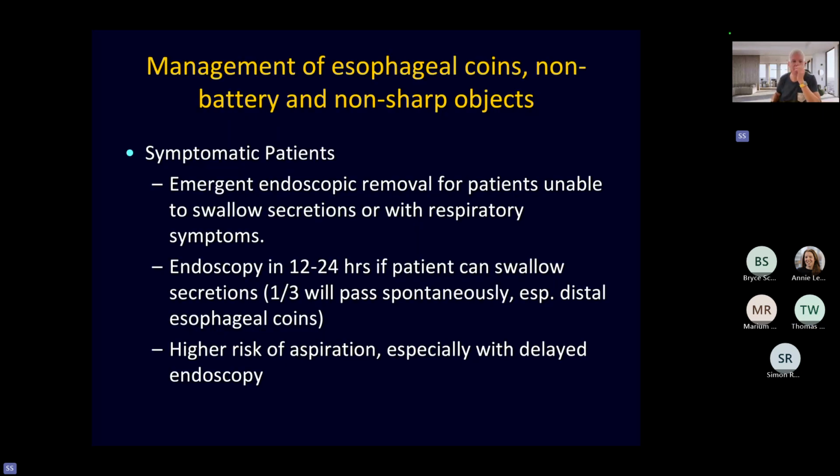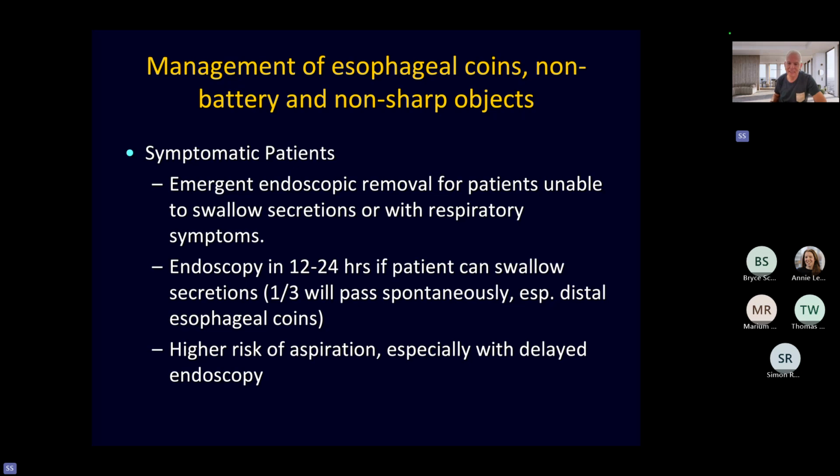Okay, so symptomatic patients, emergent endoscopic removal for those who are unable to swallow secretions or who have respiratory symptoms. If the patient can swallow secretions, 12 to 24 hours observation, one third will pass spontaneously, especially distal esophageal coins.